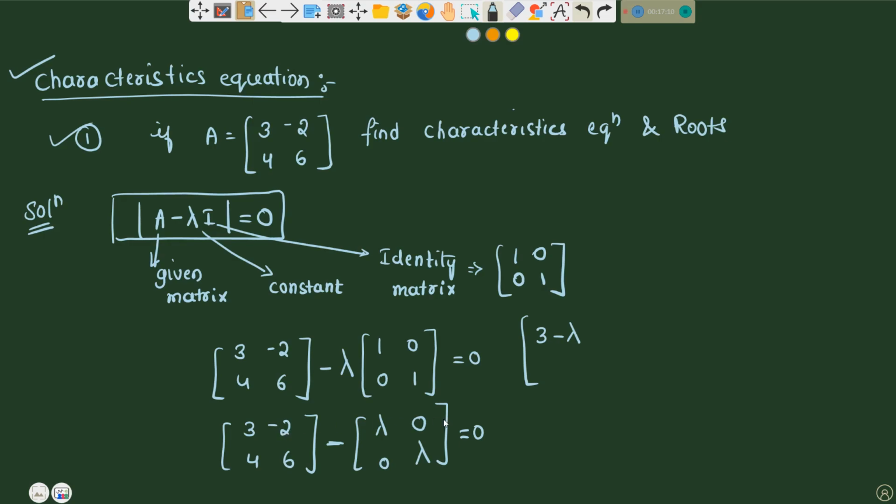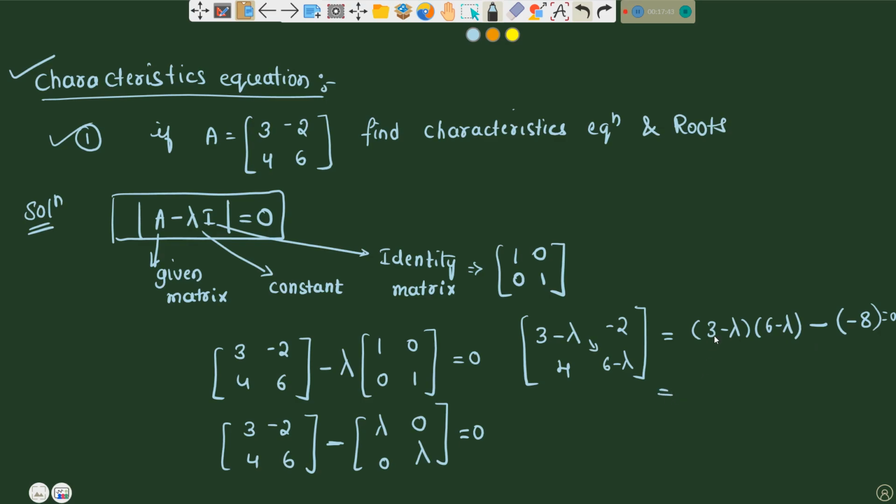Minus 2 minus 0 will be minus 2, 4 minus 0 will be 4, 6 minus lambda will be 6 minus lambda. Now you do the cross multiplication: 3 minus lambda into 6 minus lambda, minus 4 into minus 2, that is minus of minus 8, equals 0. Correct?